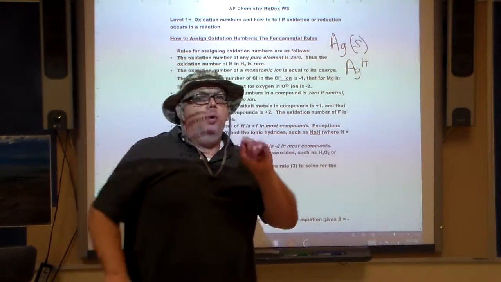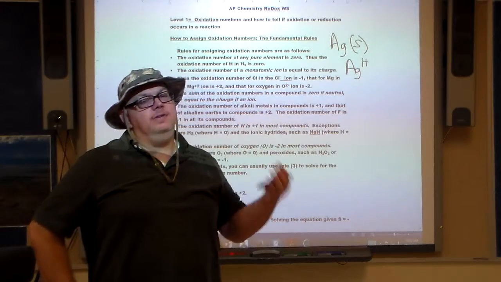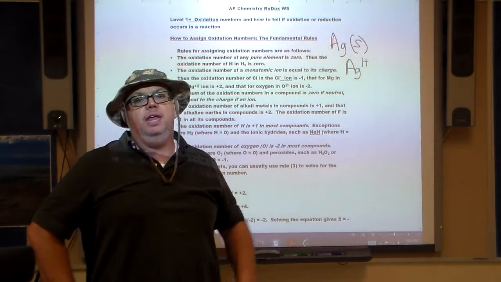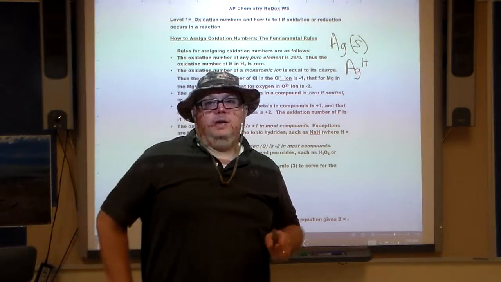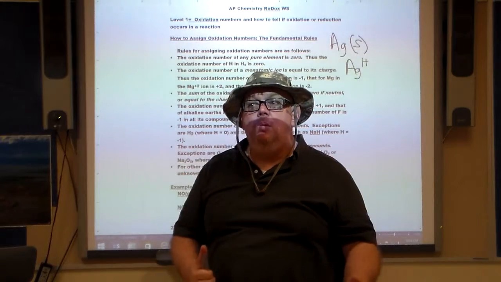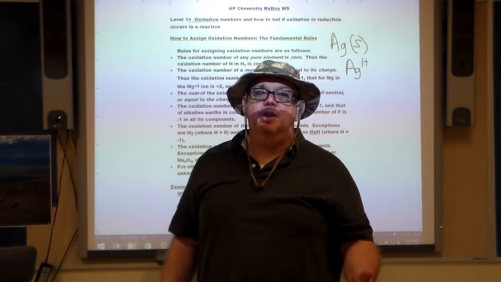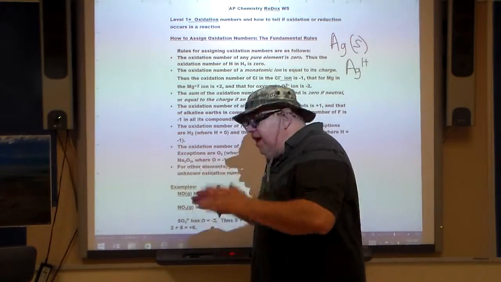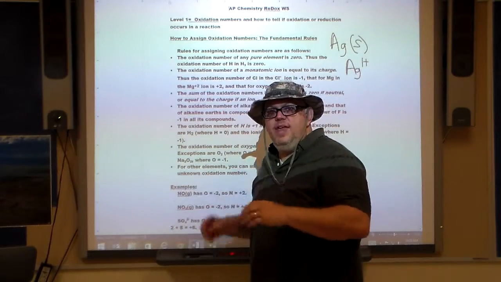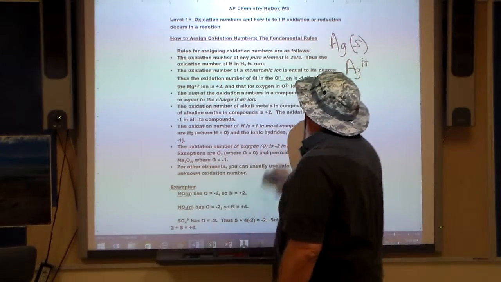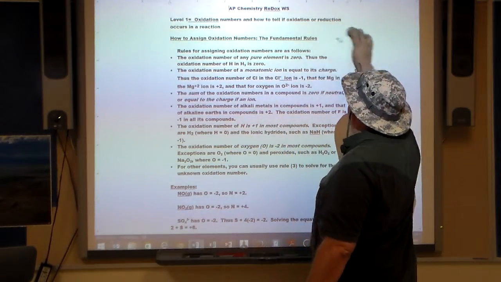But remember, when it's a pure element by itself, it's going to be a 0. Does that have anything to do with its stability? No, it doesn't. If we look at sodium, we know that sodium is unstable by itself. It has to be kept in kerosene. But the reality is that sodium does have a 0 oxidation state. That's a 0 charge. It's neutral. So, with that, let's move on to the next one.